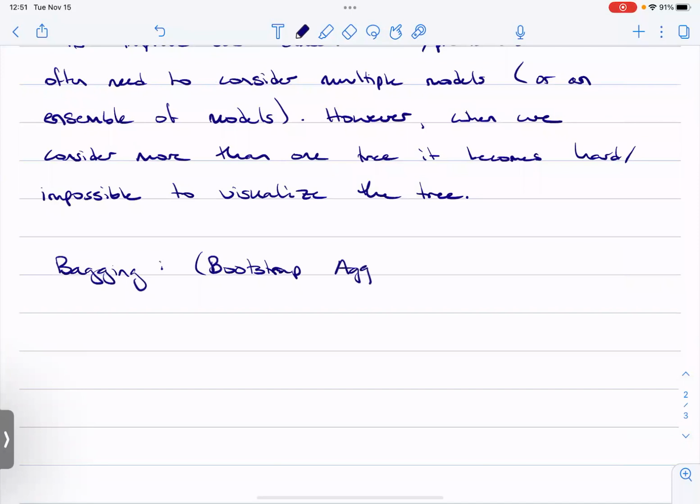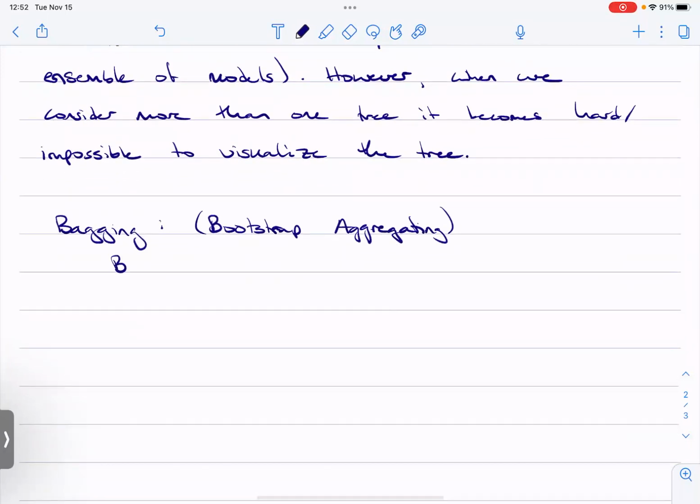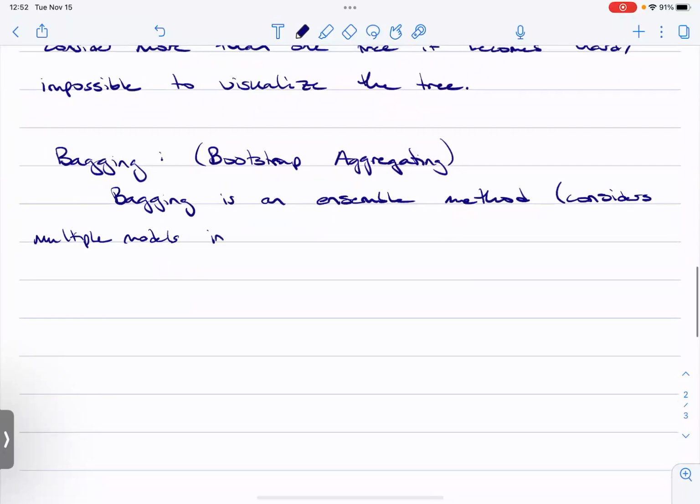Bagging is an ensemble method, which means it considers multiple models instead of just one.